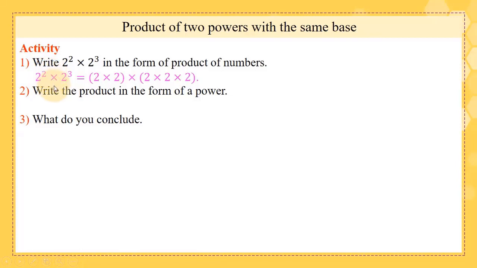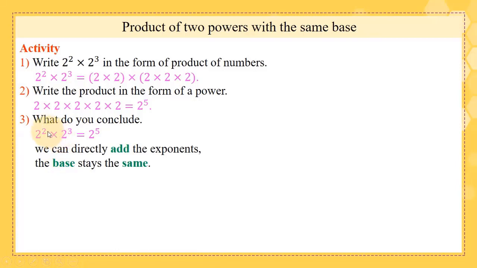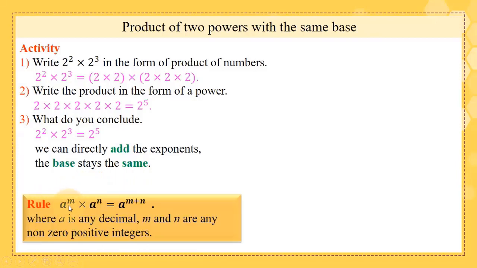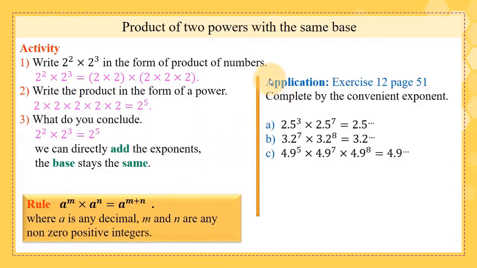Now 2 exponent 2 times 2 exponent 3 equals 2 times 2 times 2 multiplied by itself 3 times, which is equal to 2 exponent 5. So we can conclude that we can directly add the exponents and the base stays the same. Rule: a exponent m times a exponent n equals a exponent m plus n, where a is any decimal, m and n are any non-zero positive integers.